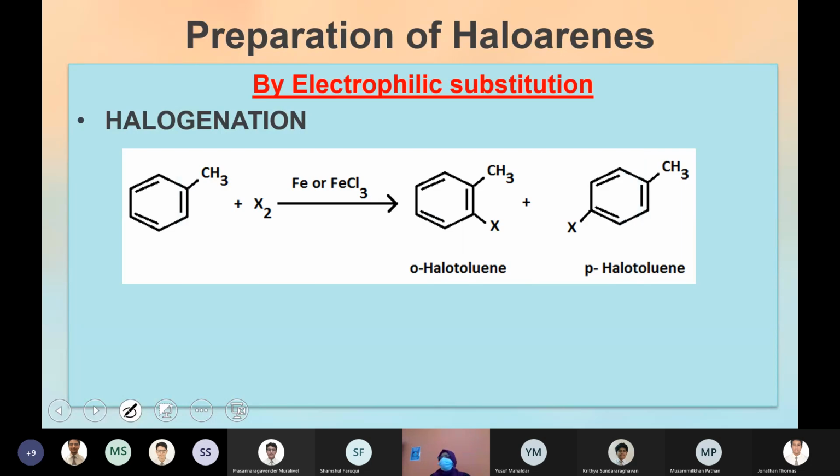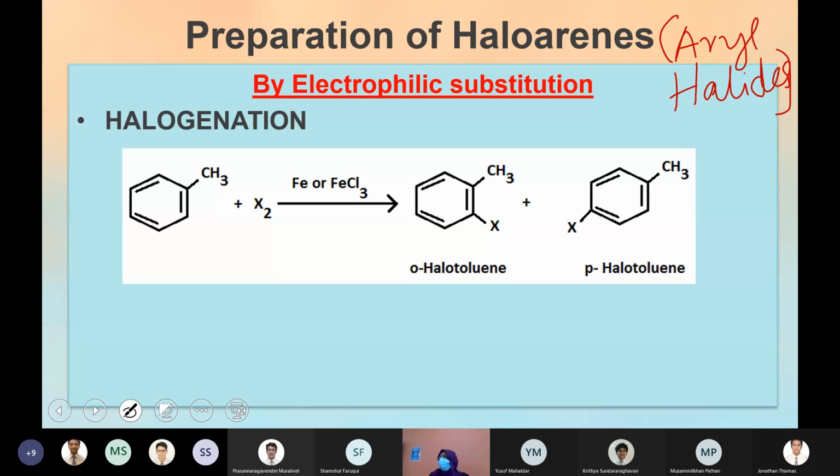So next heading you can see preparation of haloarenes, that is aryl halides. Haloarenes are also known as aryl halide. See, both are the same thing. Don't get confused. Haloarenes, the other name is aryl halide.